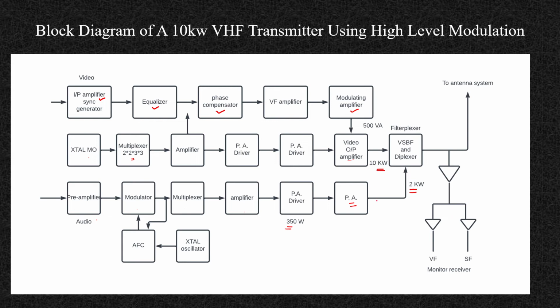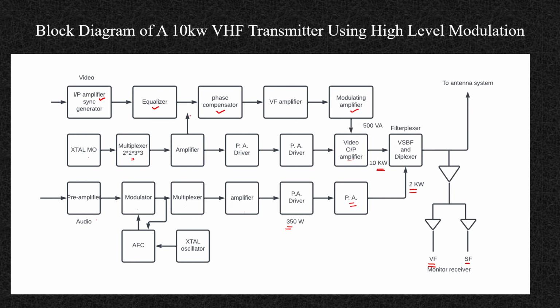Now you are having here a monitor receiver, where you have a video monitor and a sound monitor. Okay, continuously this power will be monitored. And if you are monitoring this particular power and it goes below 10 kilowatt for video and 2 kilowatt for audio, your system will have another standby system, and all the controls will be given to that standby system.